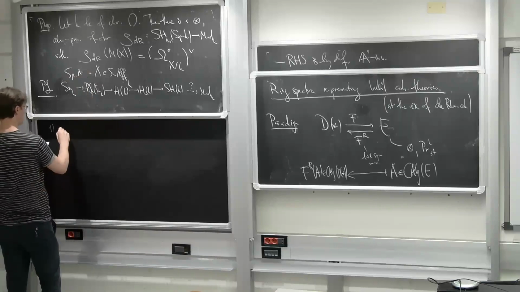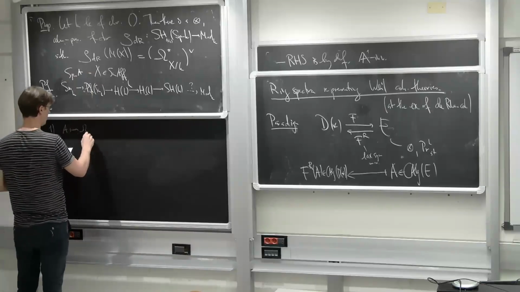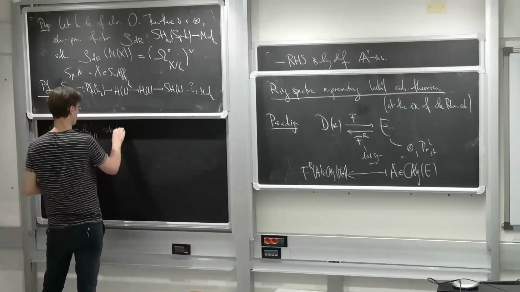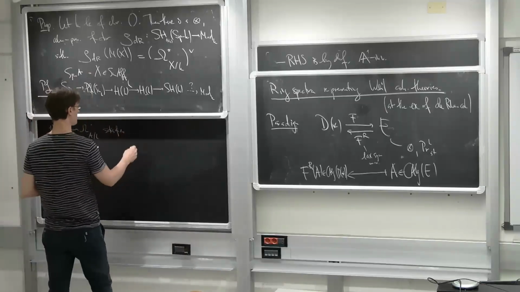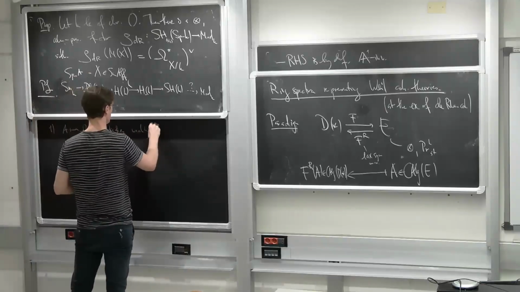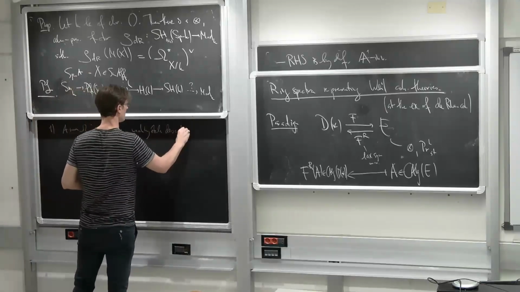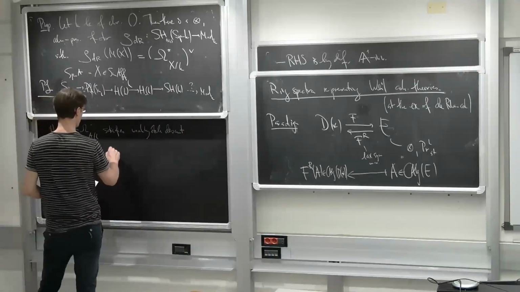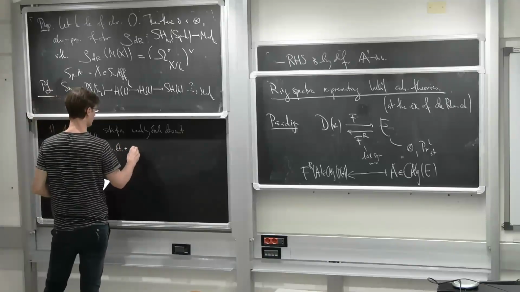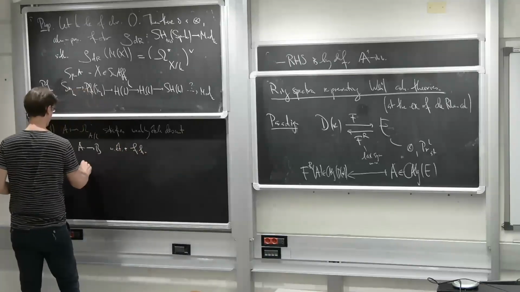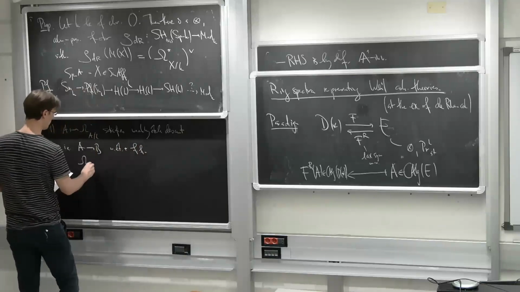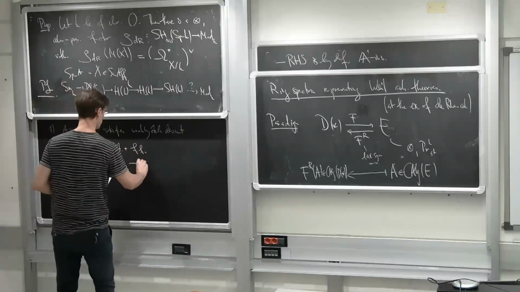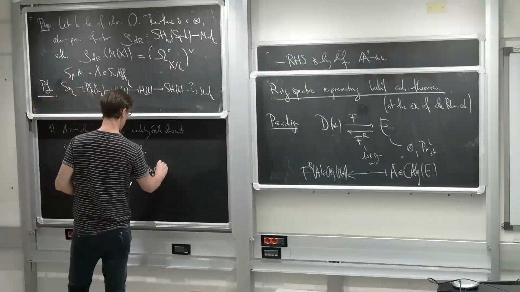So I claim this functor, A maps to Omega A over K, satisfies, in particular, even étale descent. That is, if A to B is étale plus faithfully flat, then Omega A is isomorphic to the limit of Omega B, mapping to Omega B tensor B, and so on.